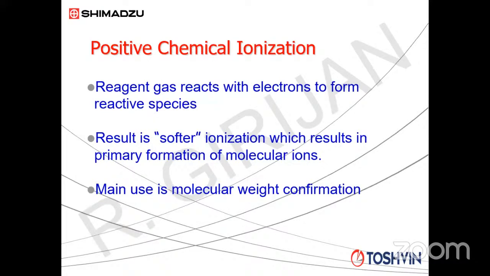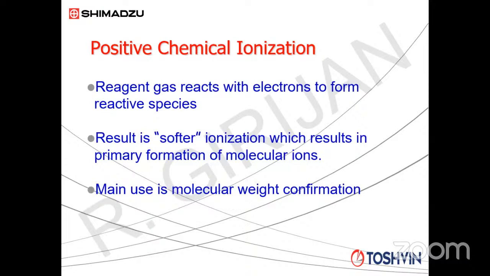And when methane goes inside the ion source, and now you know 70 electron volt energy electrons are available there, these electrons will bombard the methane molecule. And in turn, the methane gas will undergo ionization. There will be different ion molecular reactions taking place, and this methane will produce different reactive ions which are unstable in nature.